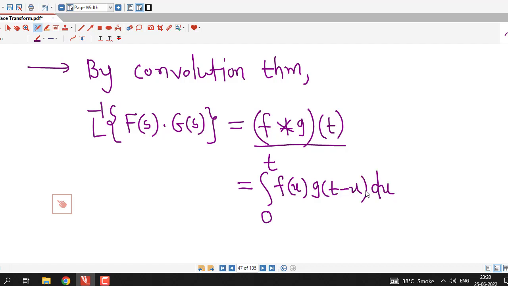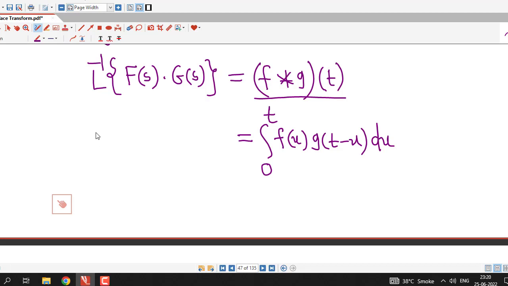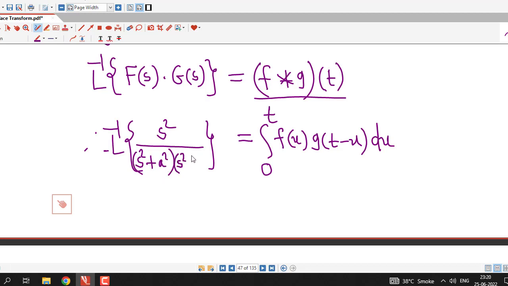This is by the definition of convolution, and here we substitute capital F and capital G, and write the original function s square divided by s square plus a square times s square plus b square, and this is equal to the integral from 0 to t.